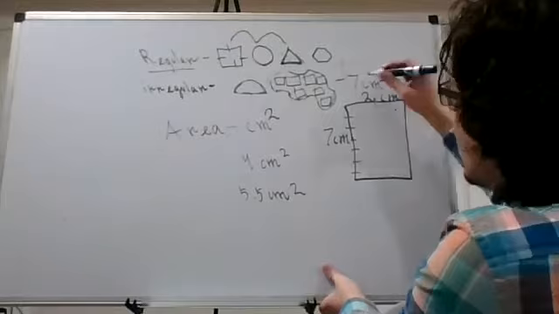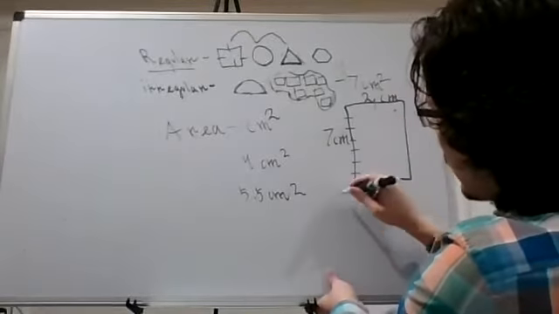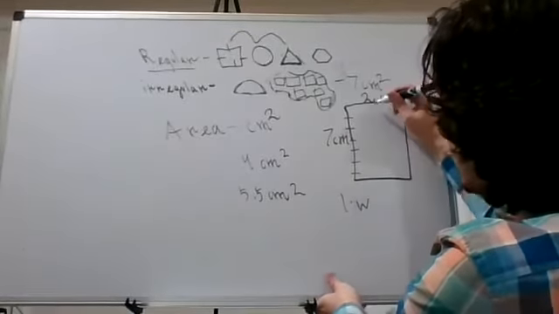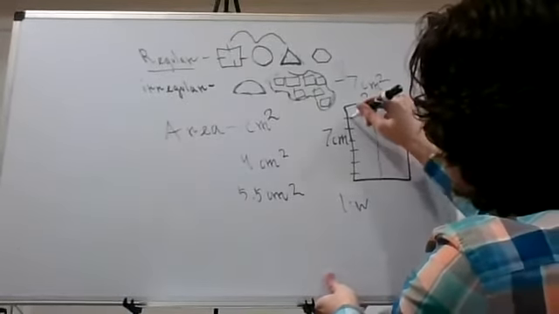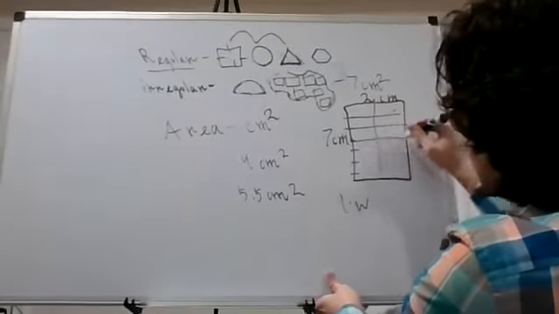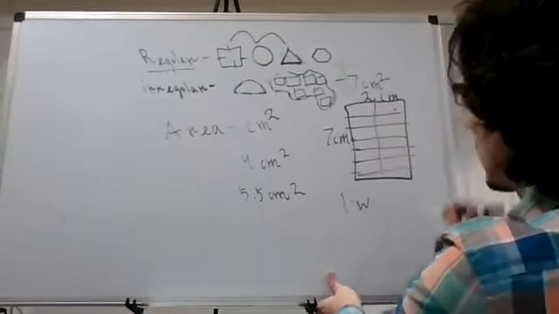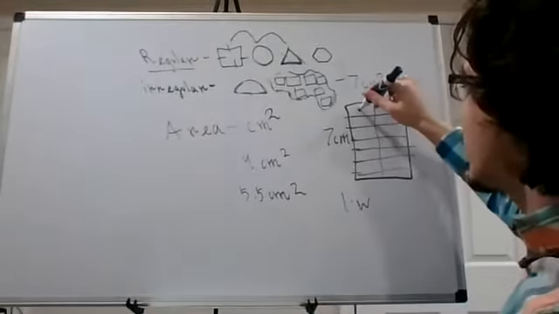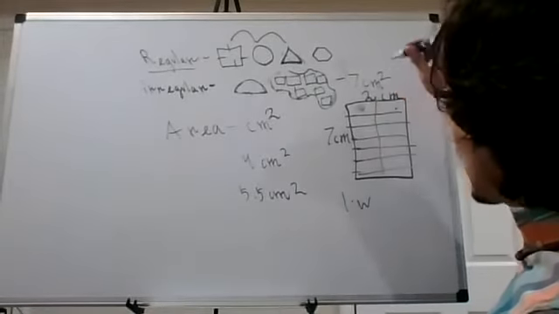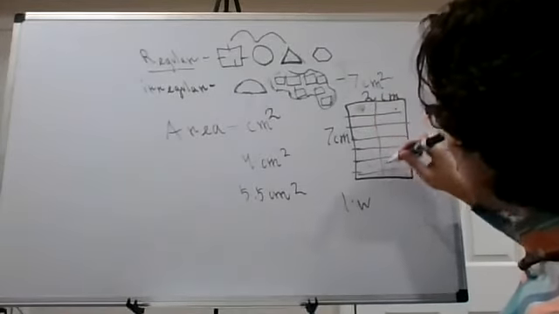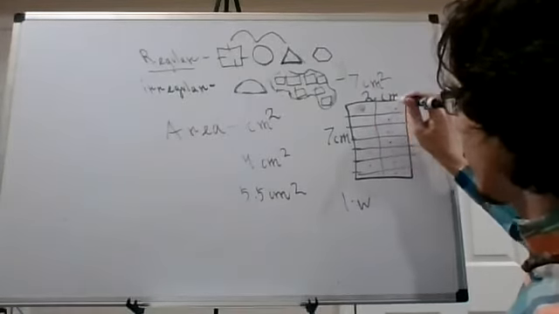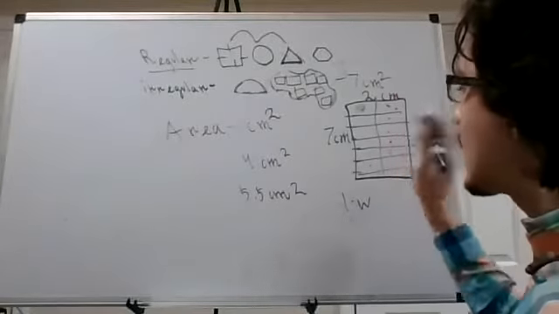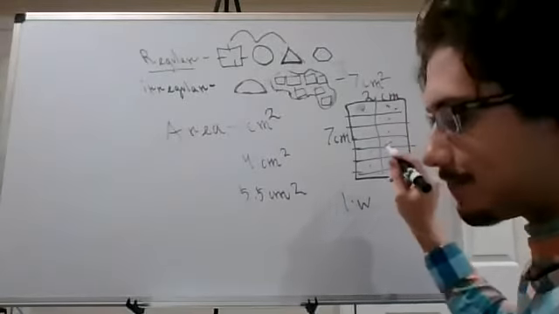But the way that we find the area of a rectangle, we said, was length times width. The reason why is because, pretend these are each squares, we can fit perfectly 14 square centimeters in this.